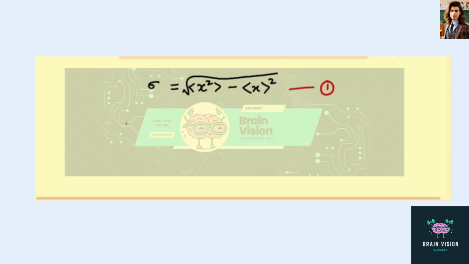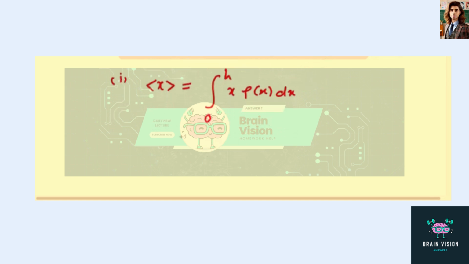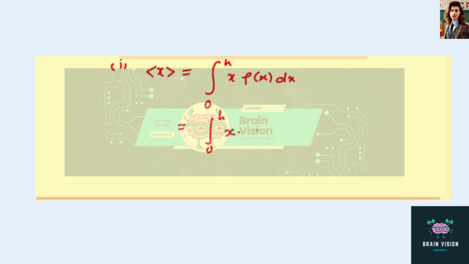So let us find first the mean value of x, which is the integral in the range 0 to h of x times rho(x) dx. The value of rho(x) is 1 upon 2 square root of x h.